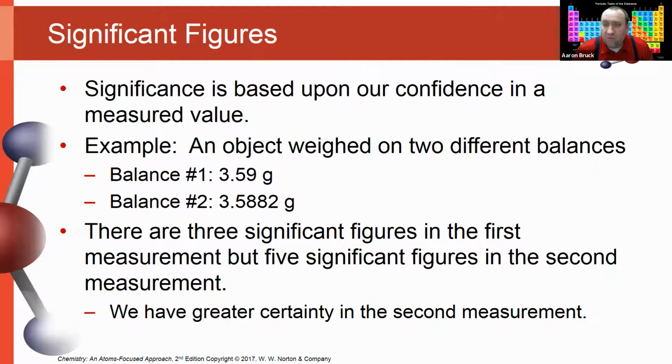Well, it'd be the second balance because it's got more decimal places. It's got more overall instrumental precision. I have more significant figures in that second balance, and so that increases my confidence. That tells me, okay, that's probably more close to accurate in terms of what the actual mass is.